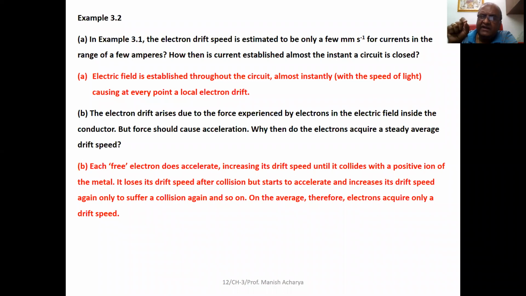Then again in another direction it is accelerated, and again when the collision takes place its speed becomes zero. So resultantly it moves in the direction opposite to the electric field. So we say the average drift speed is acquired by electrons. Clear?